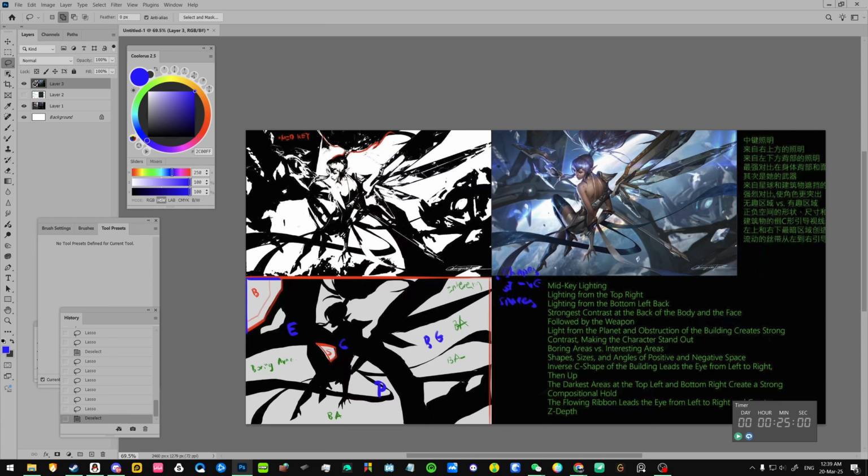As you can see, the background is dark, followed by its weapon, which is bright. And as a result, you get another triangular composition shape. If I expand it, you see another triangle here, and if I expand it some more, another triangle. So triangles are really the strongest element in compositions.